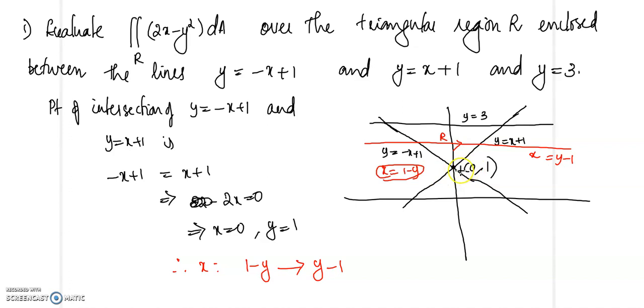and we move the line downwards, താഴേക്ക് move ചെയ്യുമ്പോൾ, so the minimum value of y you get is y equal to 1, and the maximum value you get inside the region is y equal to 3. So therefore y varies from 1 to 3. So that is the limit of integration. So let us now evaluate the integral.